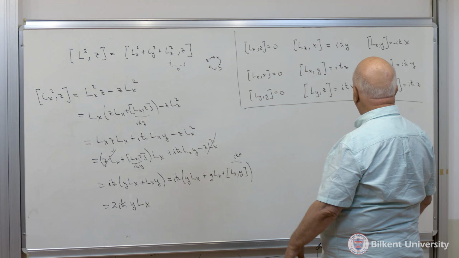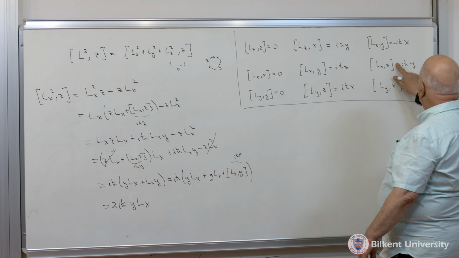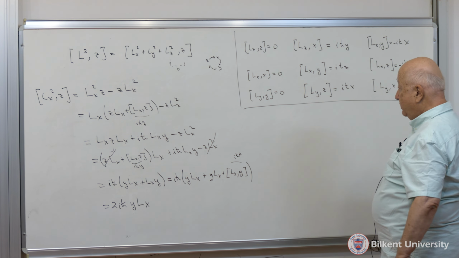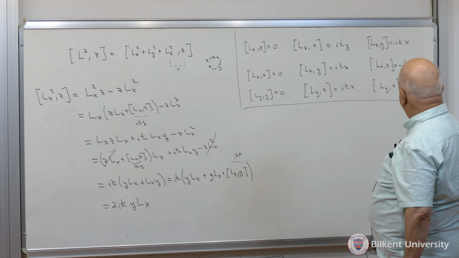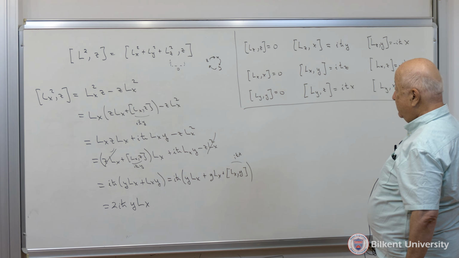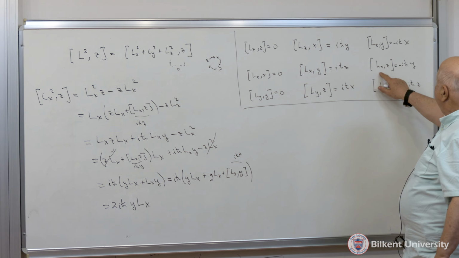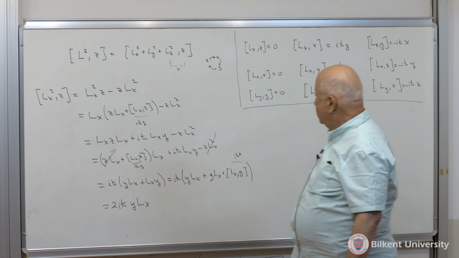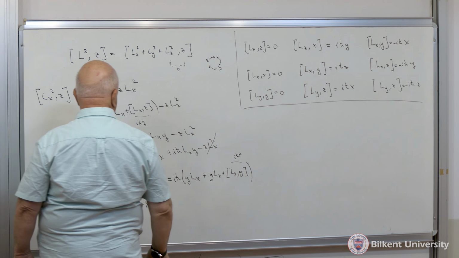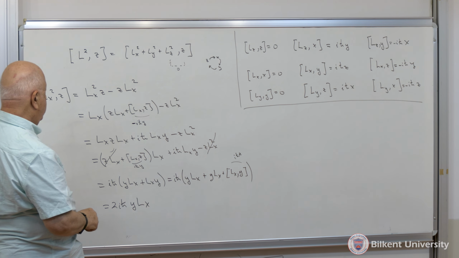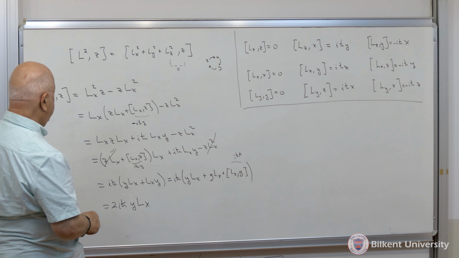I have removed all the minuses from my table, but these things are minus. Did I use any of them? Lx with z, yes, I used Lx with z, which is not good. Lx with z was minus i h bar, so where did I use that? So this should really be minus. Sorry about that.